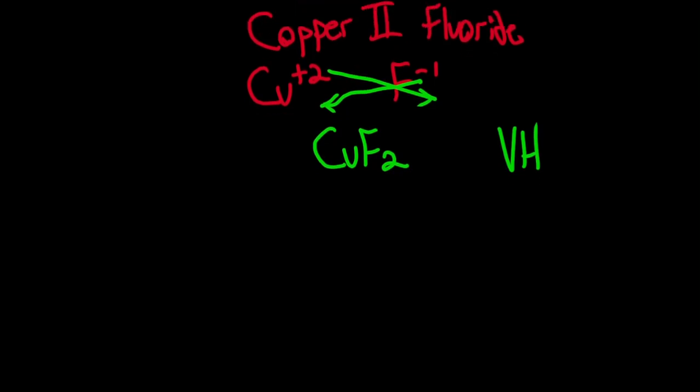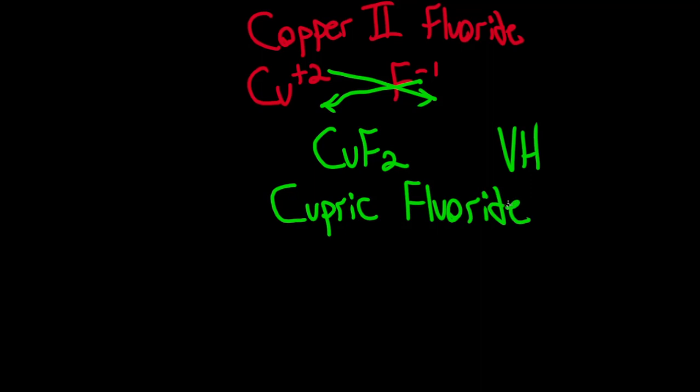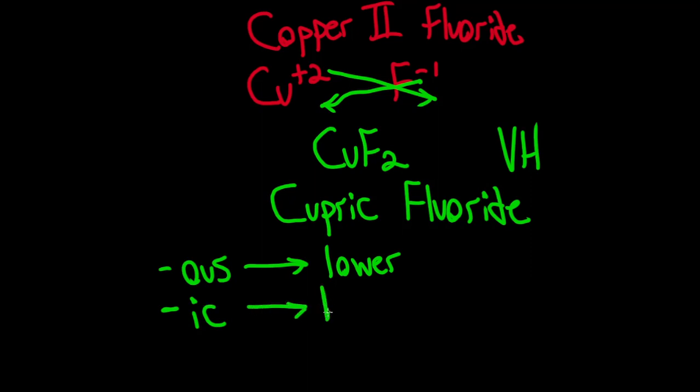Another name that I can give this based on my table is cupric fluoride. A trend you can notice on that table is that the us ending on your transition metal is going to be the lower of the two charges, whereas the ick is going to be the higher of the two charges.